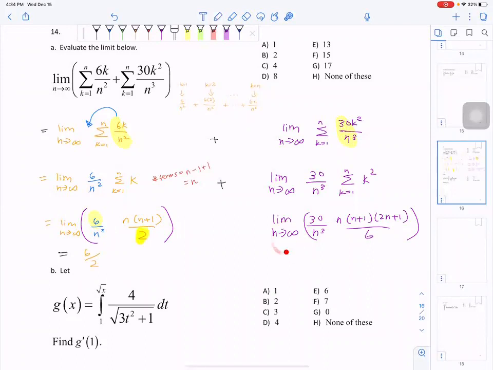The second one has an n cubed in the top and an n cubed in the bottom, same degree, so take their coefficients. We have a 30 and a 6, so this is plus 30 over 6. Or it's 3 plus 5, which is 8.